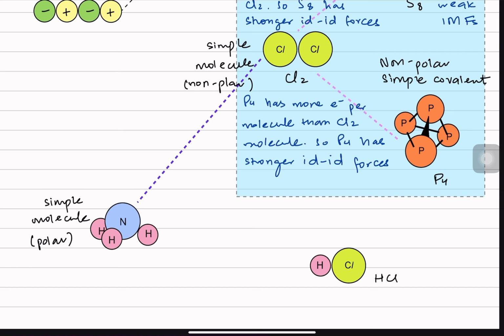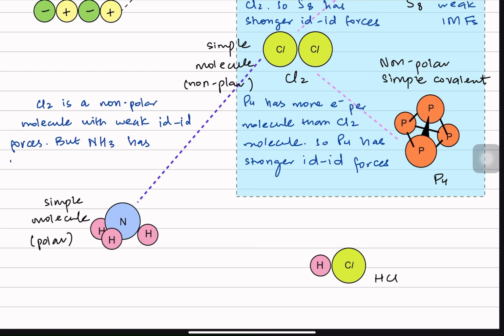So this time I would say that chlorine is a non-polar molecule with weak ID-ID forces. But ammonia has hydrogen bonds. Hydrogen bonds are present when hydrogen is bonded to a very electronegative atom like oxygen, nitrogen or fluorine.